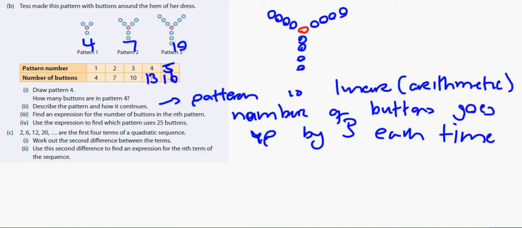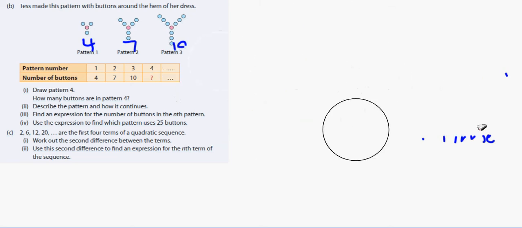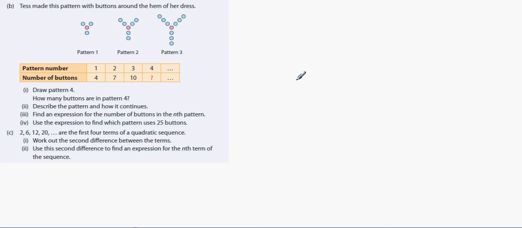In the nth pattern, what we're going to get is the following. 13, 5 is 16. Okay, Tn equals a plus n minus 1 times d.